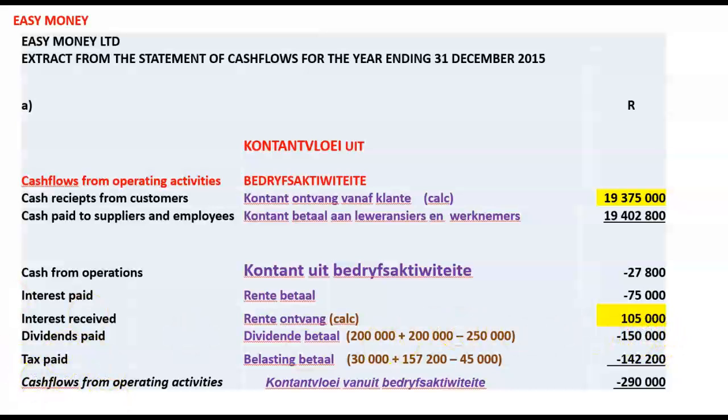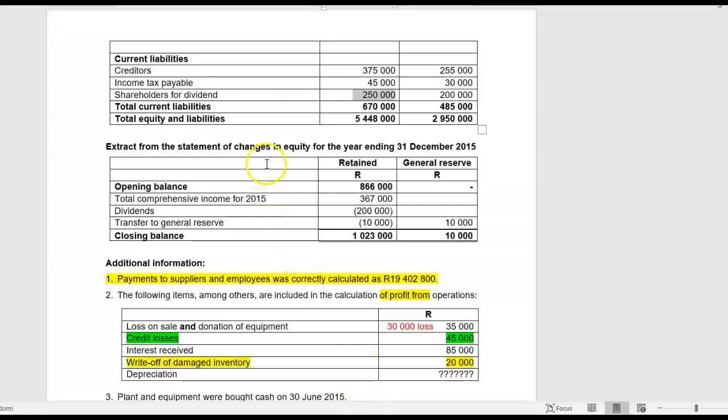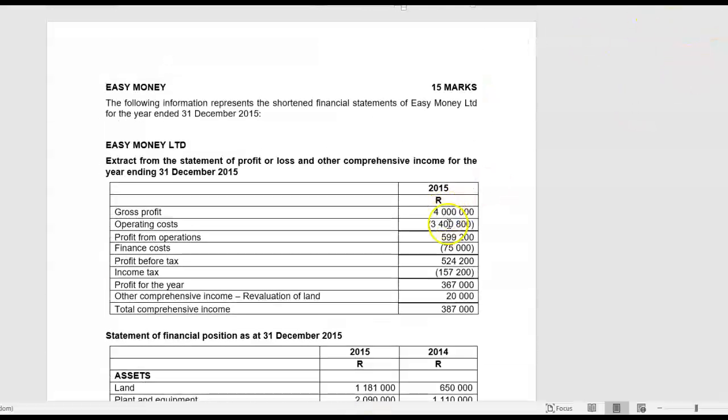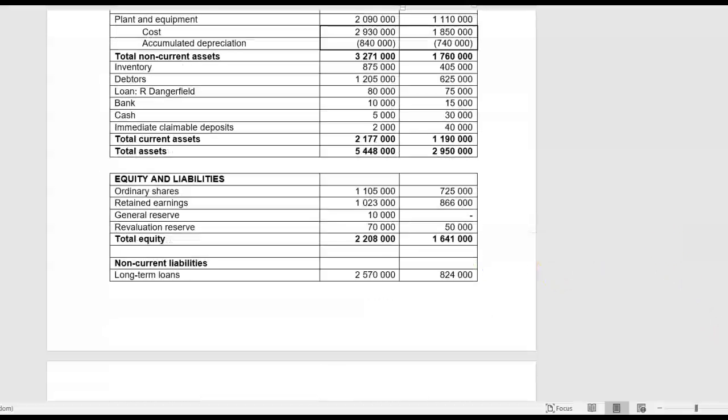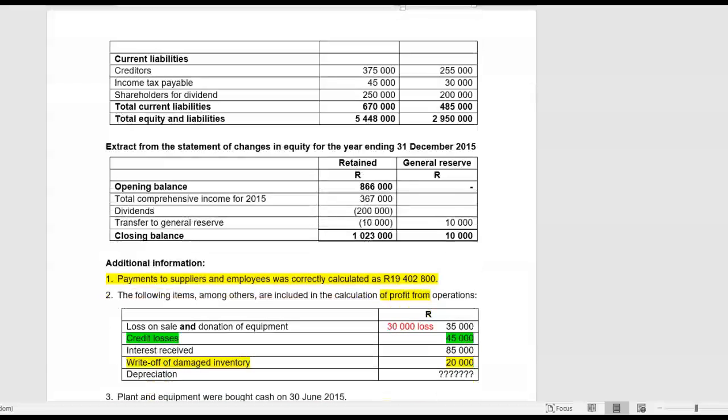The last one is our taxation paid for the year. We had an opening balance of 30,000, there it is. We had an income tax charge of 157,200, less the amount still outstanding at the end of the year, which is equal to 45,000.